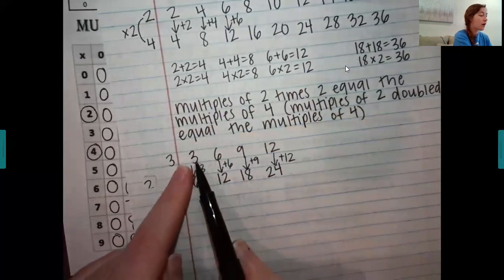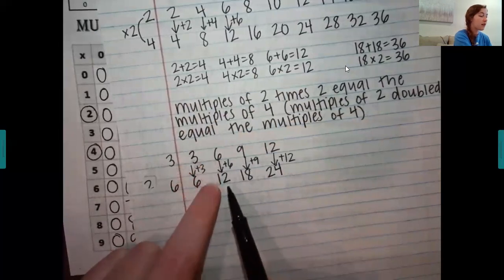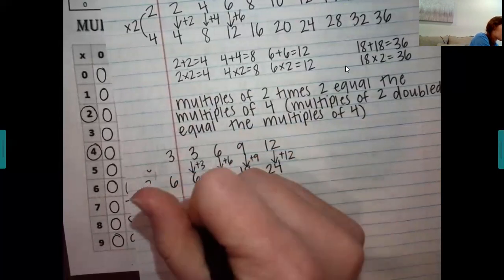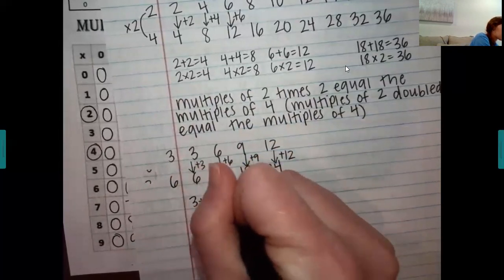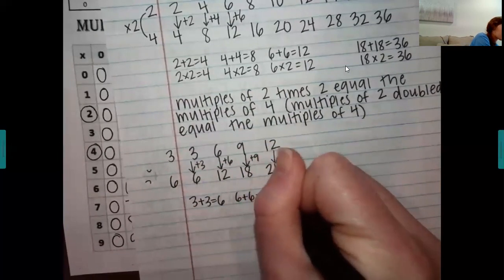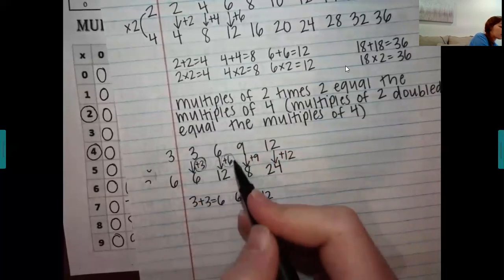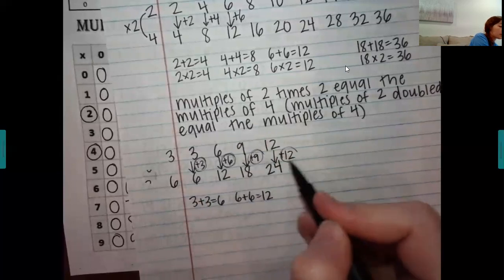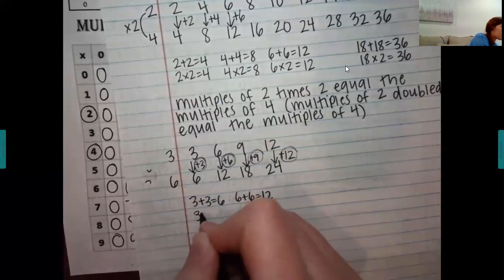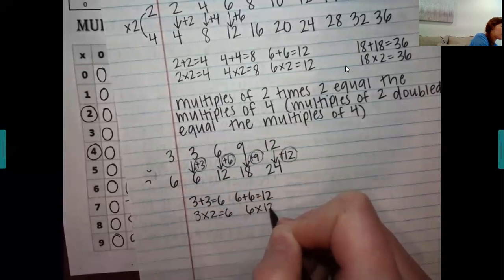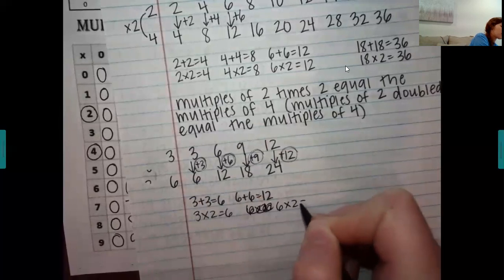I'm trying to figure out how I get from that 3 to the 6, how I get from the 6 to the 12. And I see that this same pattern is happening again. I'm taking 3 plus 3, 6 plus 6. I'm adding that same number that I started with in order to get to the next multiple. So I'm doing the same thing where I'm multiplying by 2. 6 times 2 equals 12.